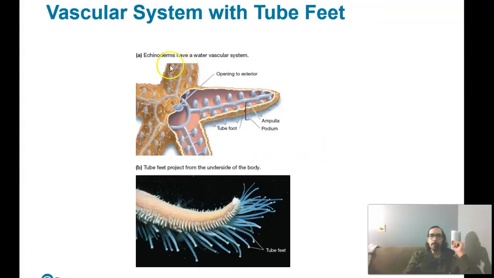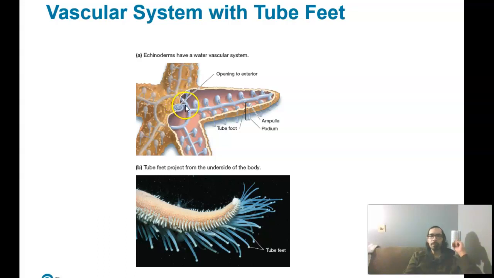So this is the top of a sea star that you're looking at here. And at the very top of the sea star, on the aboral end, you can see it's like a sieve structure where the water goes in. So the water would go in through this structure, then it moves into these various canals.